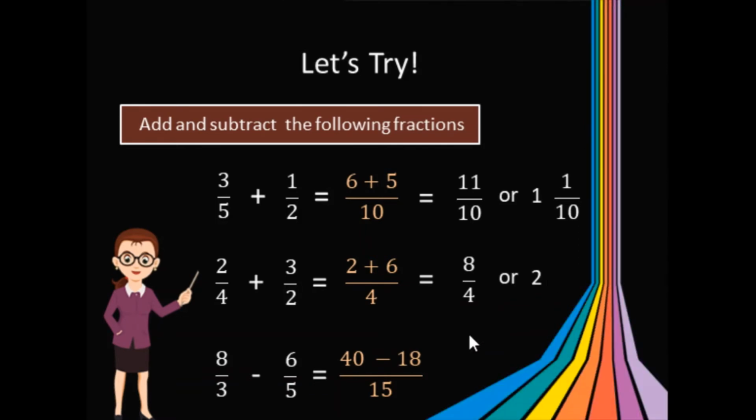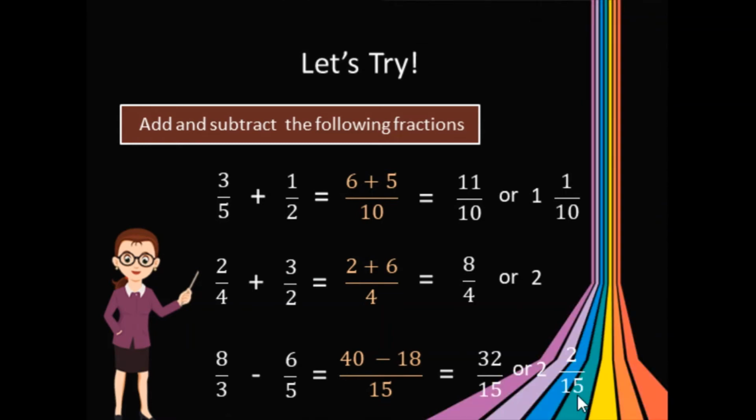Alright. 40 minus 18, we get 32 over 15, or 2 and 2 over 15. Okay, that is how you're going to add and subtract both like fractions and unlike fractions.